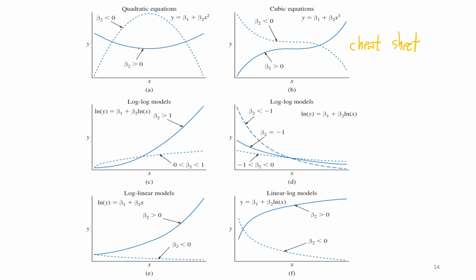For example, if you face something that curves like a parabola, you have to use a quadratic equation, square. The advantage of a parabola equation is that if beta is greater than 0, you can find the minimum value here, and if beta is less than 0, you can find the maximum point here.